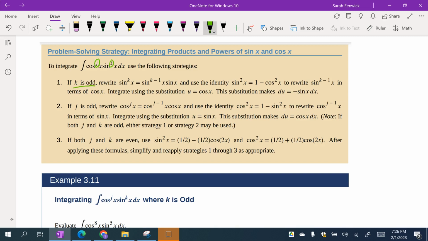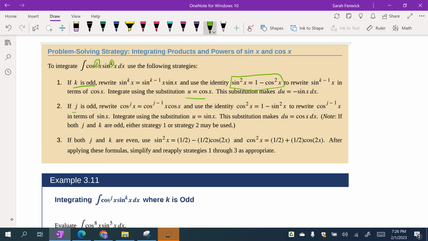if k is odd, which is the power of sine, rewrite it by doing 1 minus the power, so that'll be an even power times sine x, and then use the Pythagorean identity to rewrite that. Then we would use our u substitution where u is cosine x, du is negative sine x, and go from there.